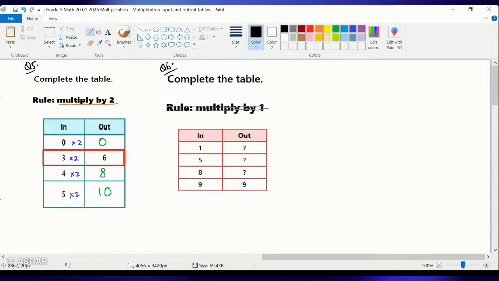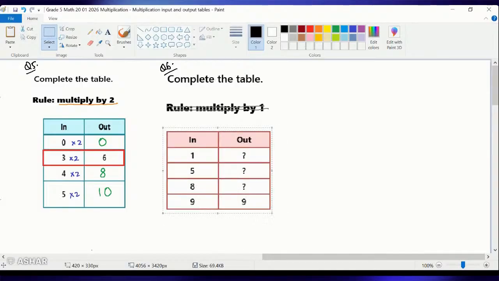What we need to see over here is if 1 was the input, we do not know the output, right? If 5 was the input, we don't know the output. But there is only one case where we know the output, right? That was 9 is the input and 9 is the output. 9 is not changing, right?